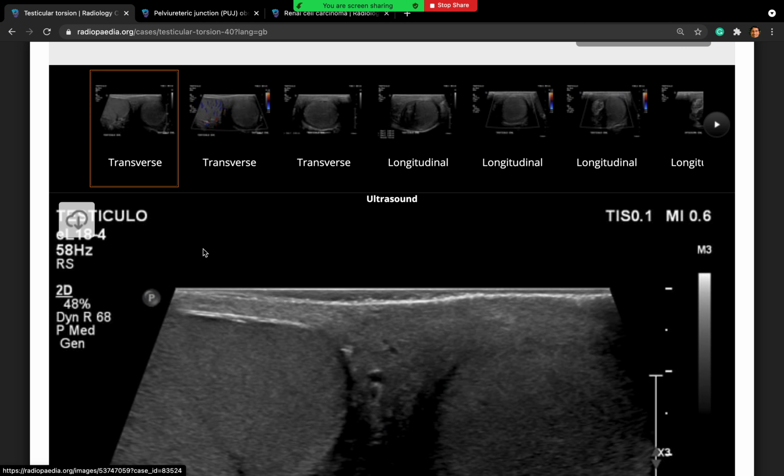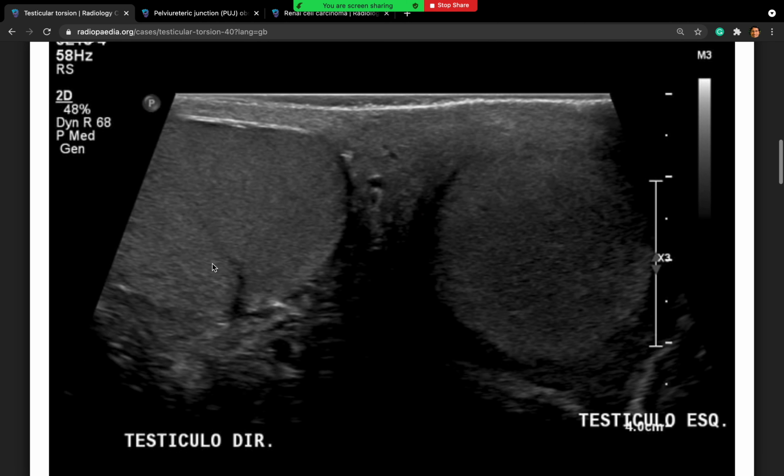Okay, you can see the scan pictures now. What is the role for ultrasound? So ultrasound is a radiological investigation for the testis, which utilizes sound waves in the frequency range of 3 to 20 megahertz.